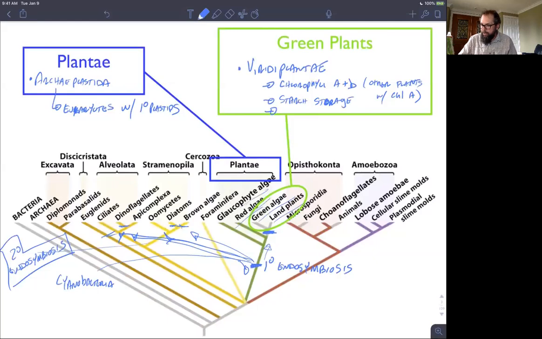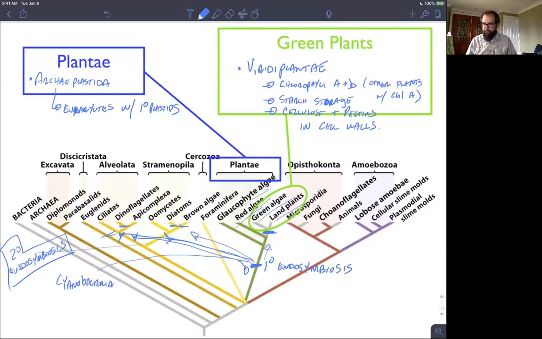And then finally, these have cellulose and pectins in their cell walls. So those are a number of morphological synapomorphies for green plants, the Viridiplantae, including both the green algae and the land plants.